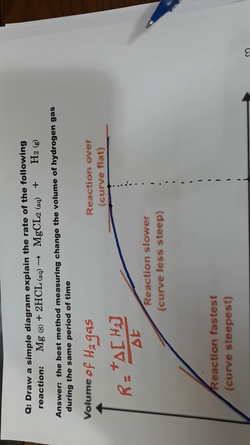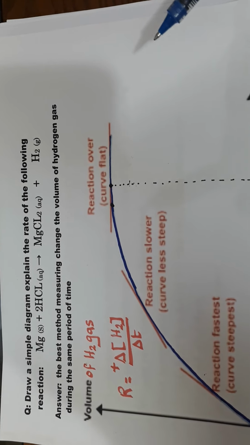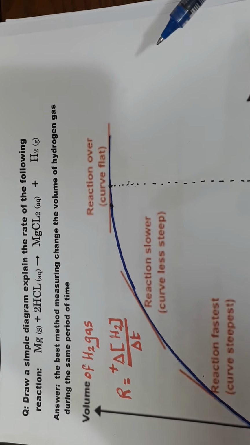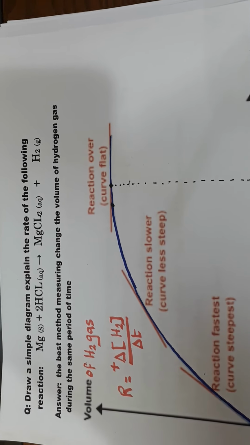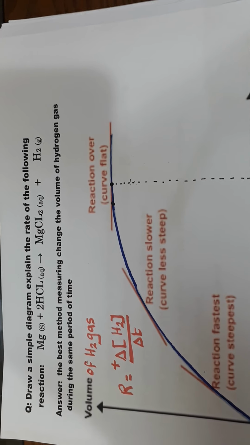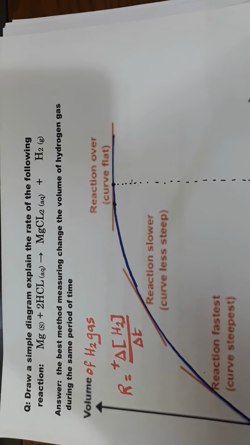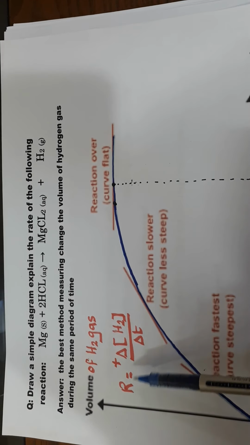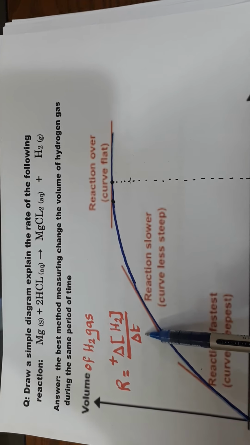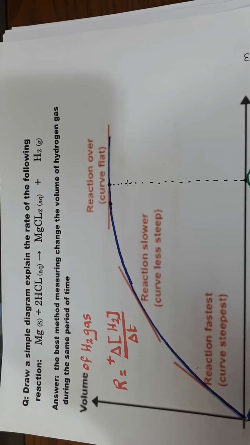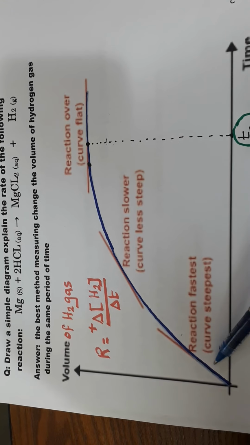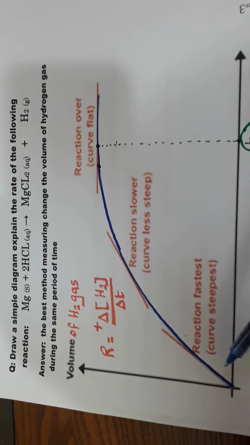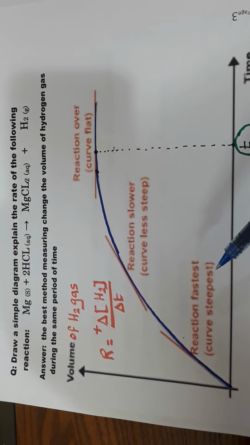Now, if one of the components in the reaction is in the gas state, the best method to measure the rate of reaction is by measuring the change in the volume of the gas. In this example, with the hydrogen gas, we can observe the change in the concentration of the hydrogen gas during the time. When we observe the curve, with hydrogen as one of the products, we can divide the curve into 3 stages.